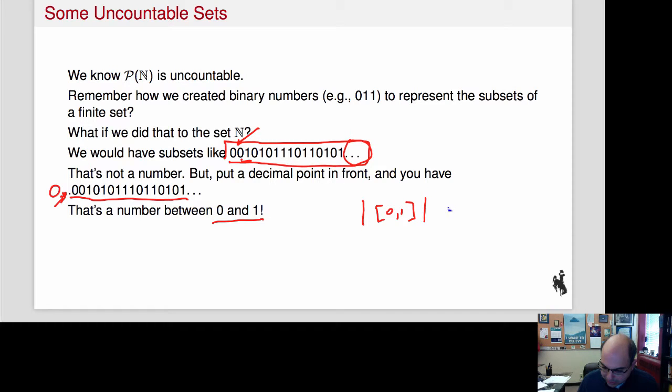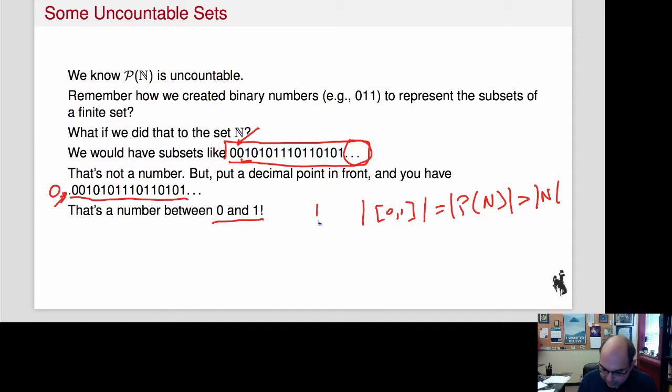If I take that cardinality, it is the same as the cardinality of the power set of n, which we already know is bigger than the cardinality of n. So that's surprising in its own right.